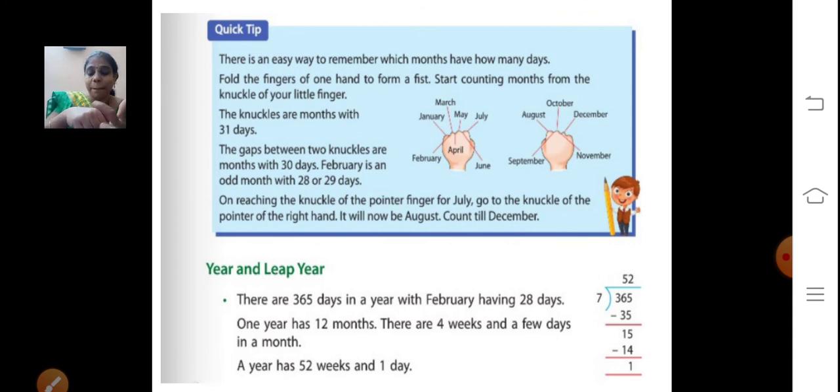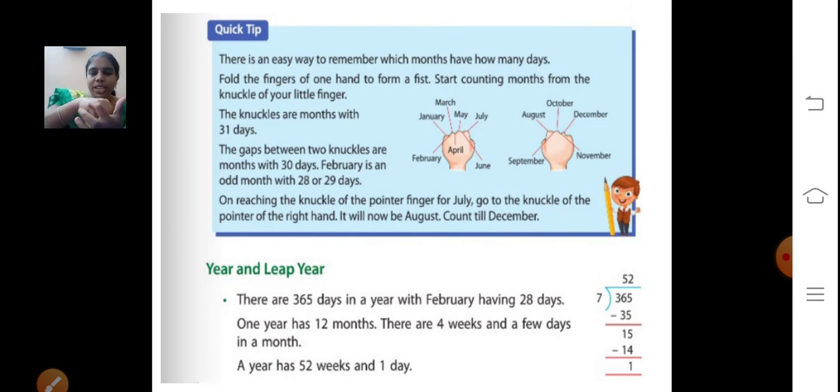June 30, gap between the two knuckles. July again the knuckle, so 31 days. The knuckle part represents 31 days. The gap between the two knuckles is 30 days.